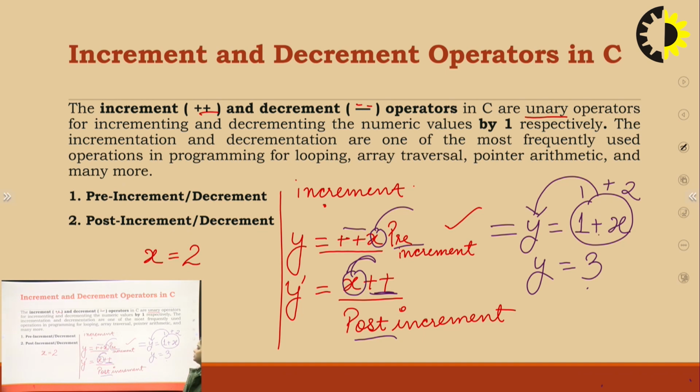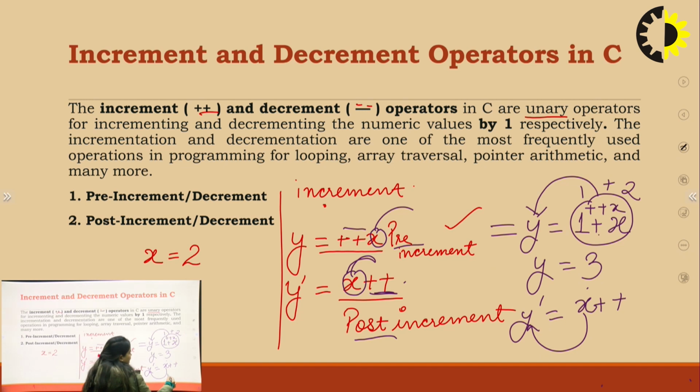Clear? Now further, if we talk about the y dash value, here as you have seen it is first the variable, and then we'll do the operator, and then we'll do some functionality to it, that is post. For this, as you have seen, it is written x plus plus, and here it was written plus plus x. So here what we'll do, we'll first assign the value to y dash.